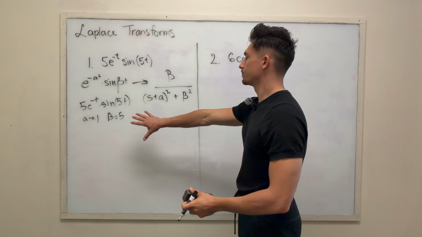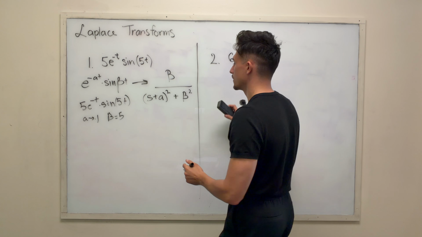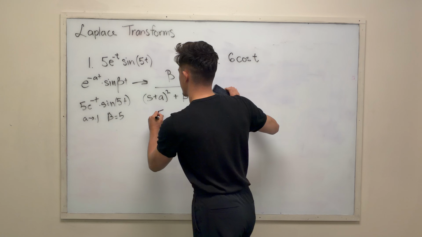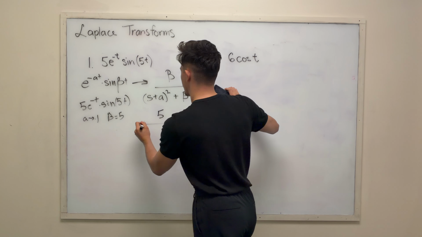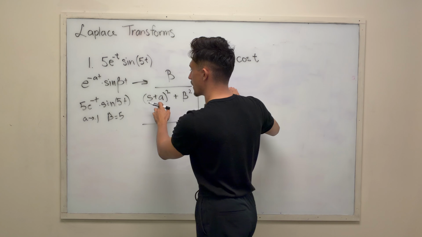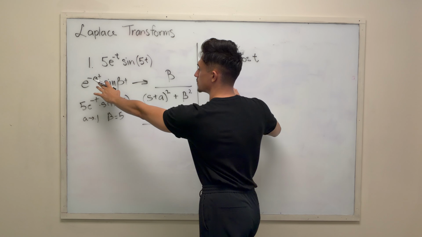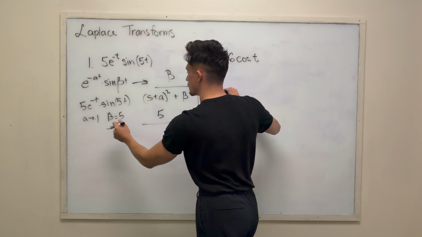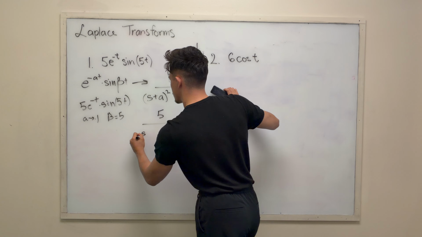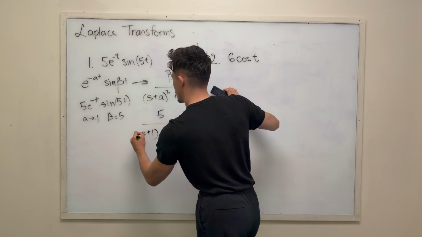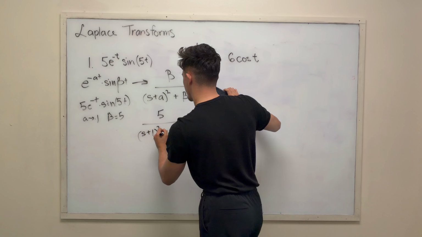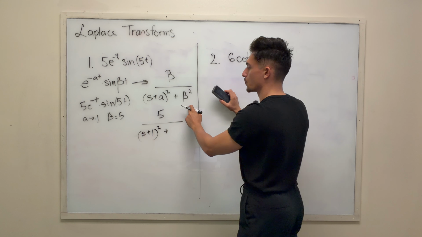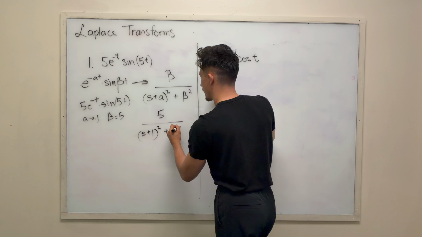So all we do is plug it into this formula. Beta we got is 5 over s plus a, which in this case is s plus 1, squared, plus beta squared, which is 25.